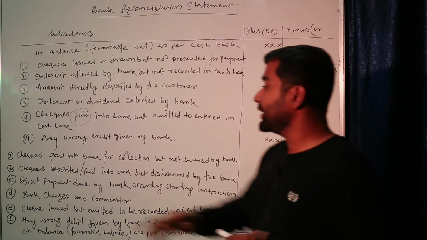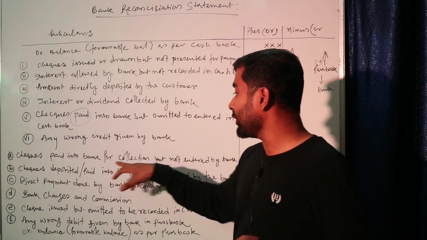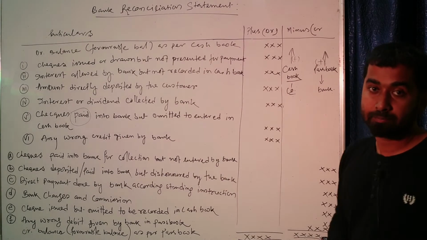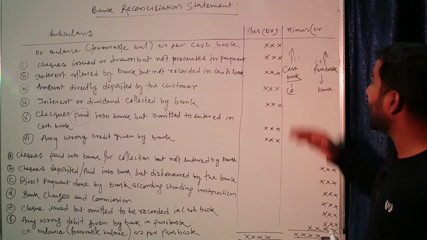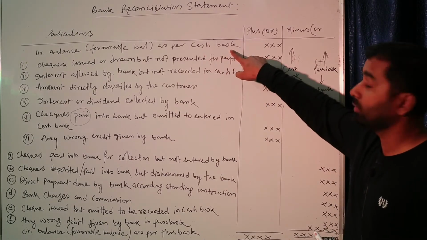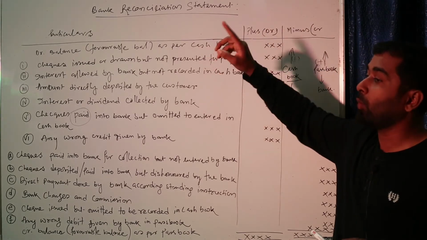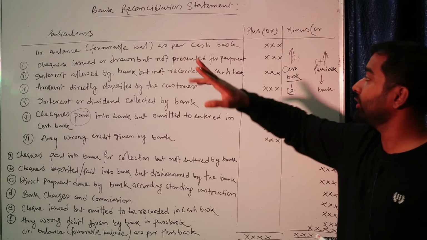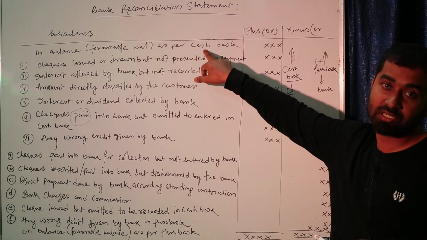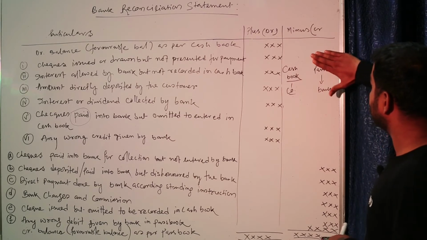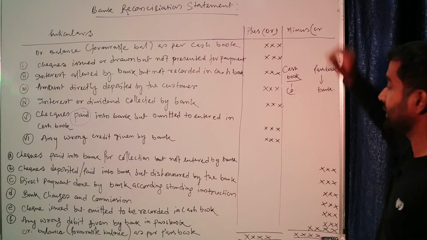Now come to cheque paid into bank for collection but not entered by bank. Now cheque paid. I am having the cash book, so the cash book balance is given. Whatever changes you are doing, you should think about the cash book changes only, not the passbook. For understanding purposes I am removing this part now, after that I will tell again.